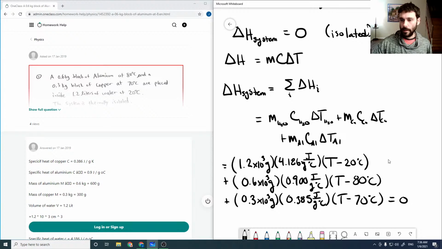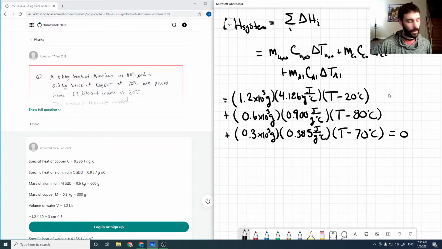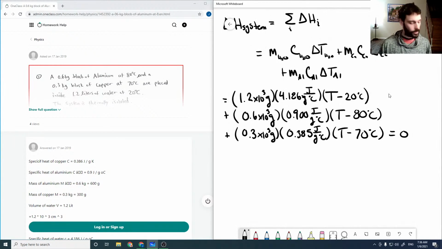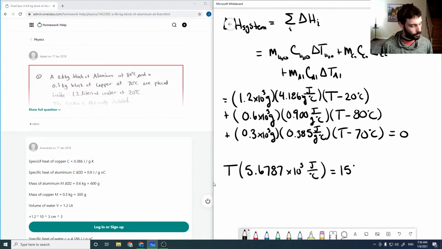Now, we can collect some stuff and rearrange. So I'm going to collect all the terms in T and do out all the relevant math. So what we end up with is T times 5.6787 joules per degree Celsius is equal to 151.749 times 10 to the 3 joules.